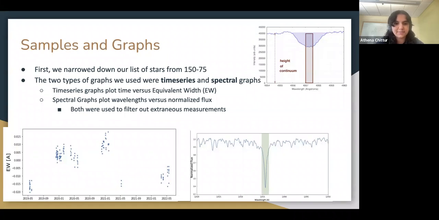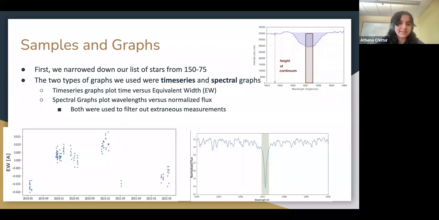As you can see on the time series graph, there are large gaps in time, and that's because we are not taking measurements all of the time due to real world complications. So we're always going to have some sort of gaps in our data. And there's also some noise that we have to take into account in our time series.